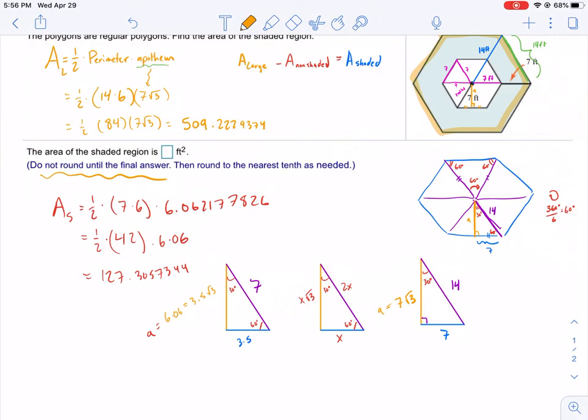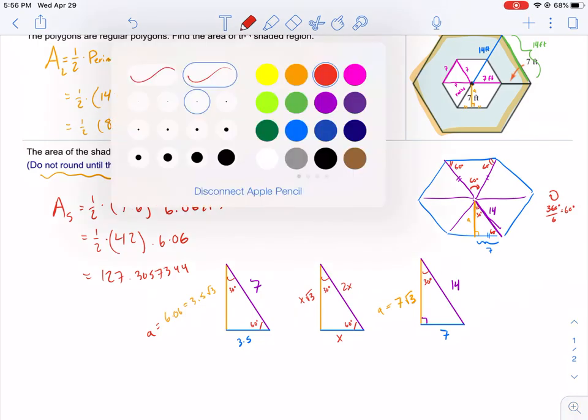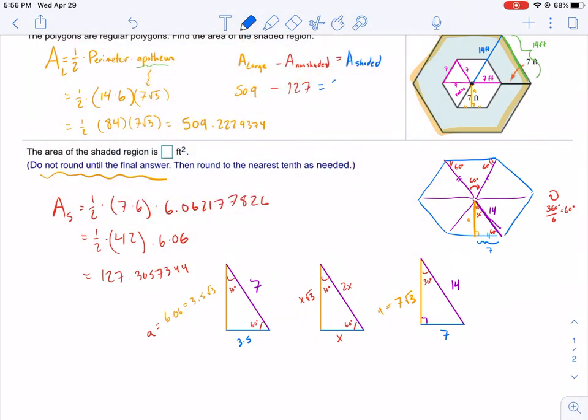So I took 509 minus 127, and that equals 381.917203. So if I'm rounding to the nearest tenth, that is going to be 381.9, and it is feet squared.